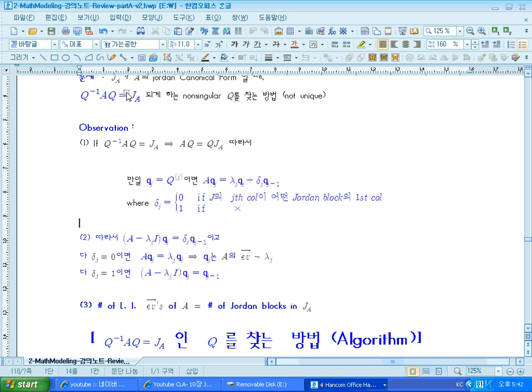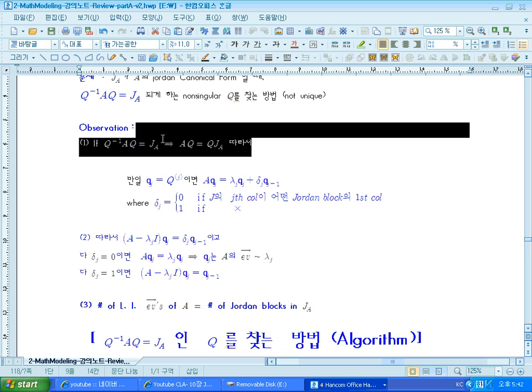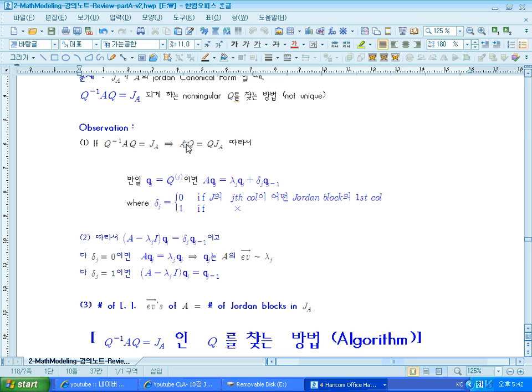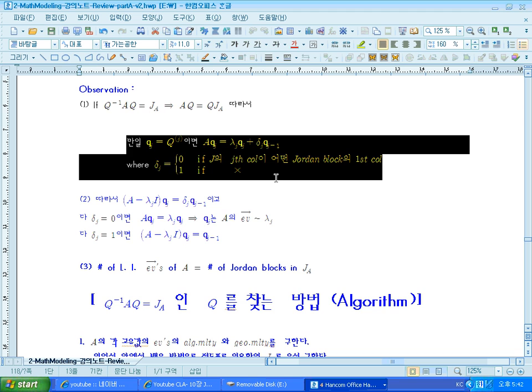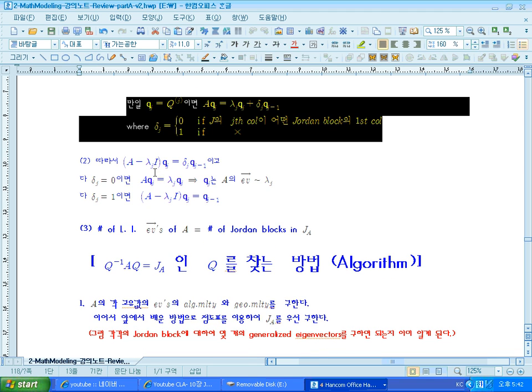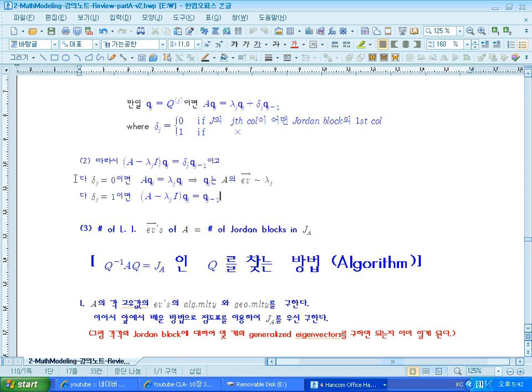First we found the Jordan canonical form of A, then from there we are looking for the columns of Q, this invertible matrix that satisfies this property. These columns of Q should satisfy these conditions for distinct eigenvalues lambda j.